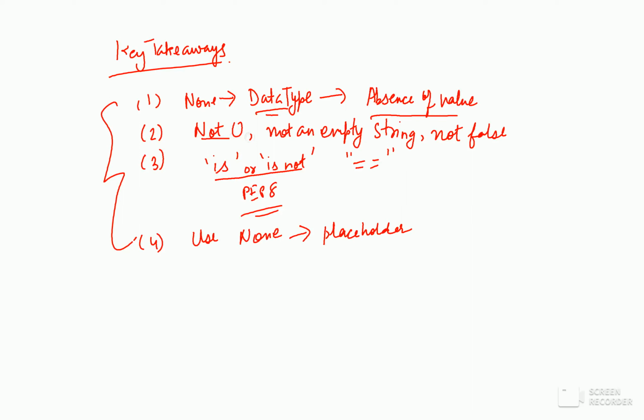It's not zero, not an empty string, not False, it's genuinely nothing. Always check for None using is or is not, not the double equals sign. And use None as a placeholder when a variable exists but doesn't have a meaningful value yet.